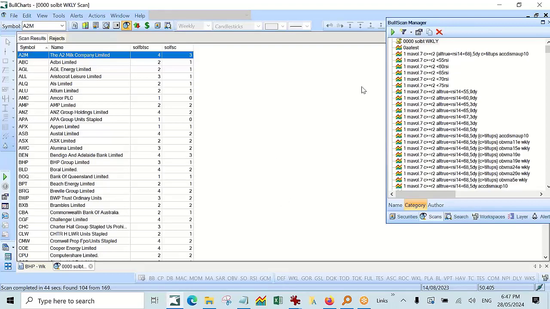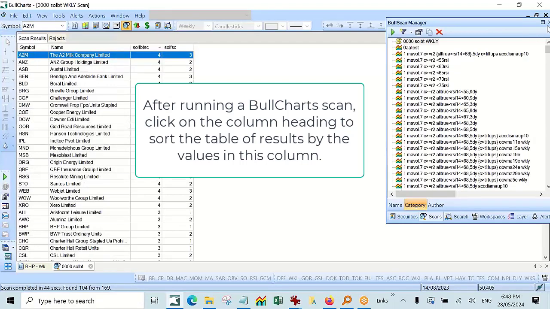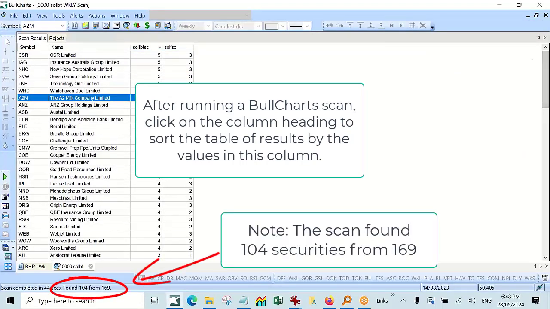Okay, the scan's finished. 44 seconds. This is the whole 6-point scan. That was just the signs of life scan on the right there, if you're interested in that. And then what I do is I sort them by the best candidates first.